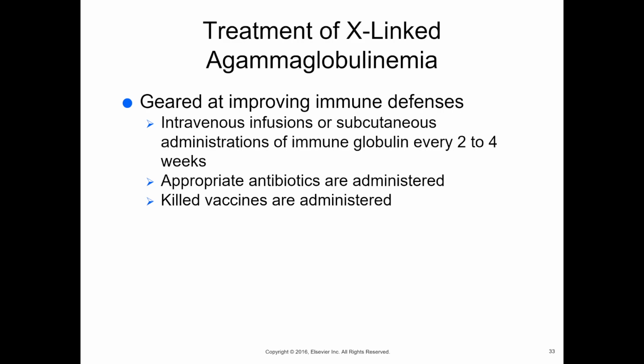Infusions of globulins, IVIG, again, very great. Appropriate antibiotics. These people also tend to get inactivated vaccines that use either dead pathogens or antigen-based vaccines, where not the whole pathogen is given, but a very specific part of the pathogen.